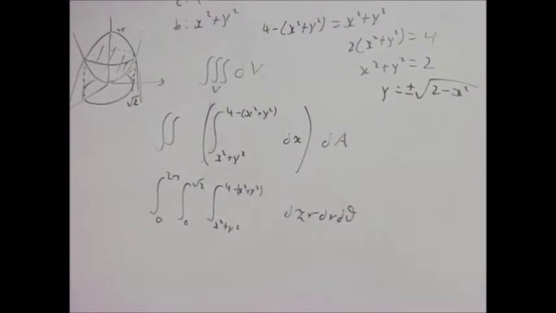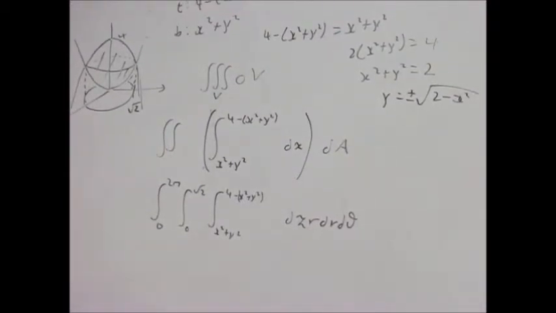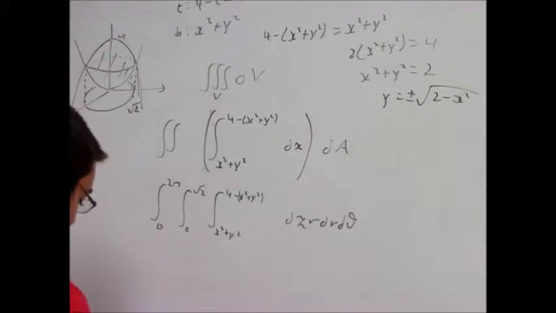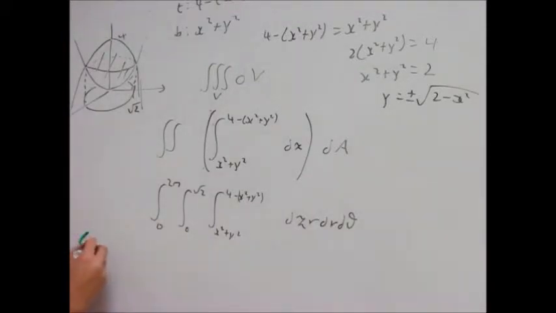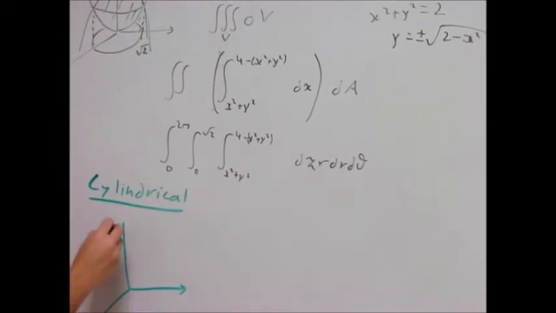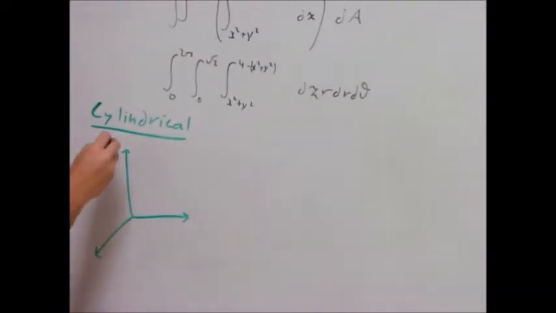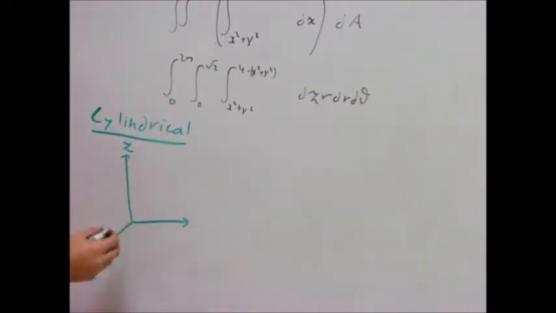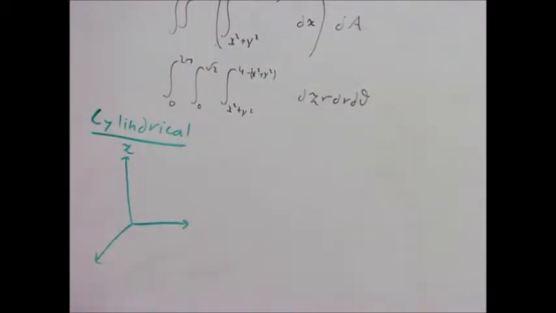And this, in fact, what we're doing right here, is really using cylindrical coordinates. Cylindrical coordinates is a coordinate system, and I'm using a different color for this just to show cylindrical coordinates. As the name suggests, it is based on a cylinder interpretation of three-dimensional space. So you have z, but it's a polar form of three dimensions.